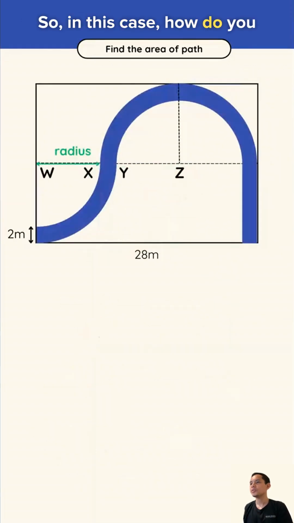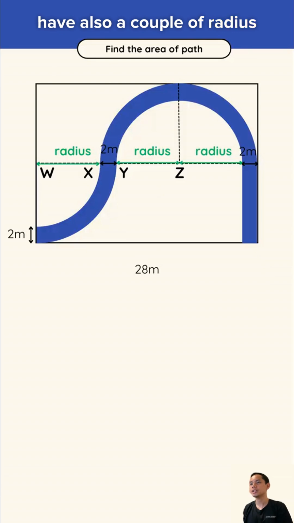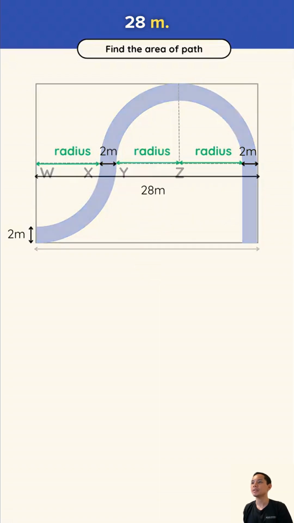So how do you find the radius? If you map out all of the different lengths, the 2 meters path will always remain 2 meters wide no matter where it is. Then we also put the 2 meters on the other side, and you will see that we have a couple of radii along the width of this area, which is 28 meters.